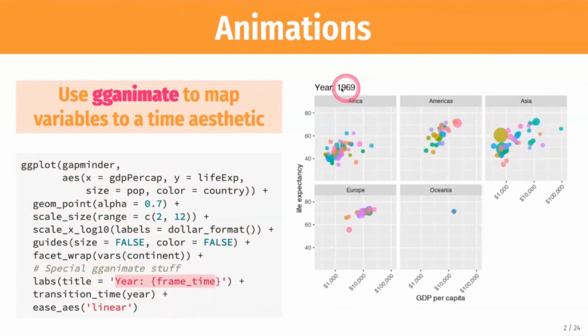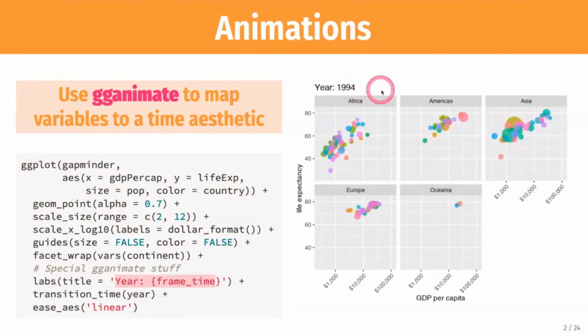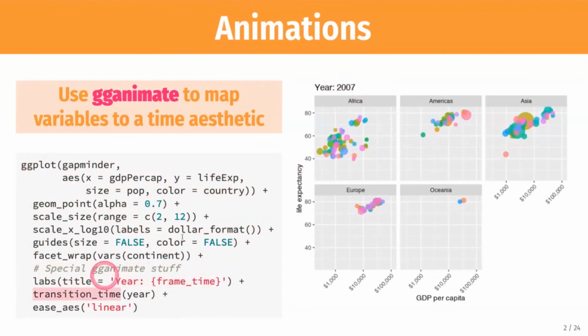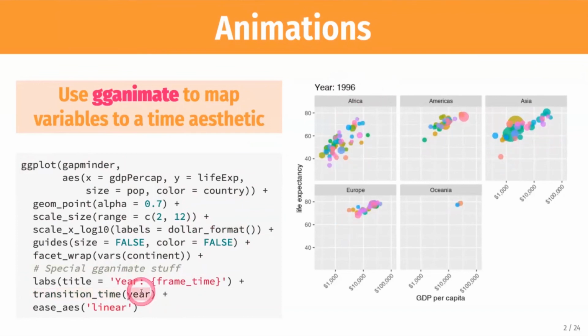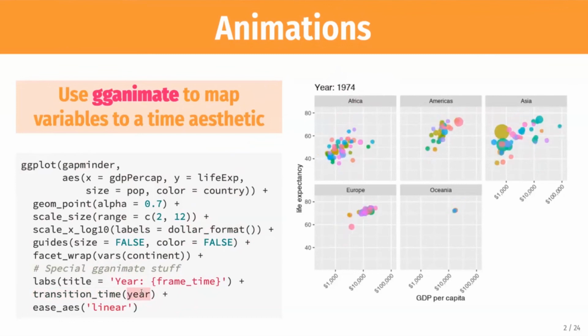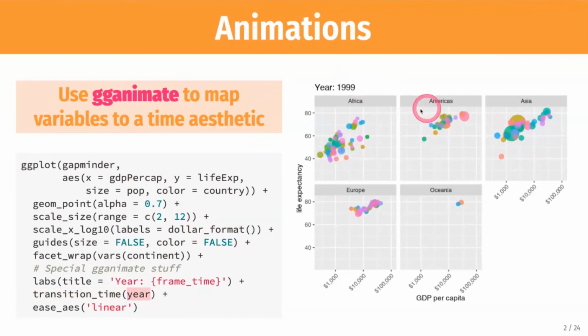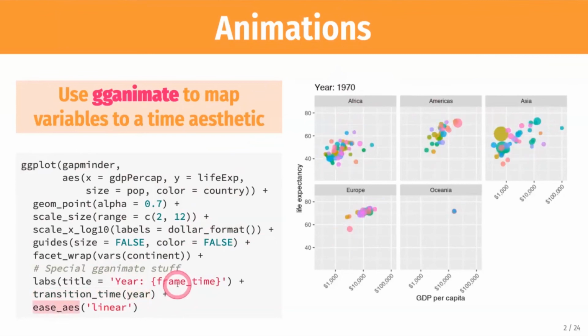So notice it's ticking upwards. This transition_time layer is just saying, take this year column and use that as time. So it's just moving through the year column and showing the changes in the data there. And then this ease_aes is just making it smooth.